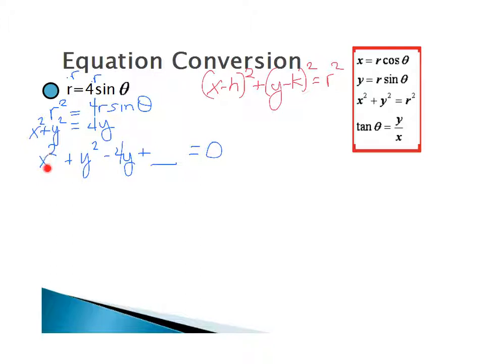X squared, I don't have anything to complete the square with. It's going to be by itself. It's done. But this right here does complete the square. Remember, to find out this number, you take half of this and square it, and you put it right there. Half of -4 is -2. Squared is 4. If I put a +4 there, I have to put a +4 on this side also.